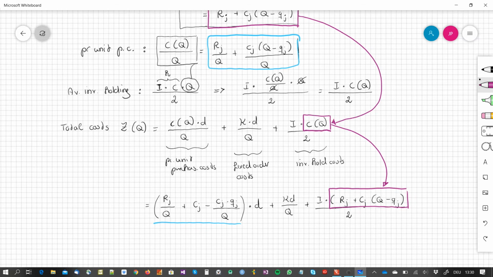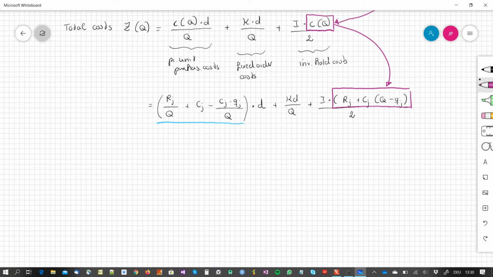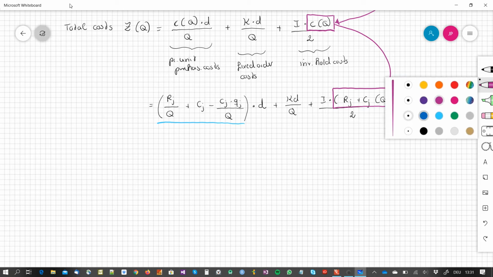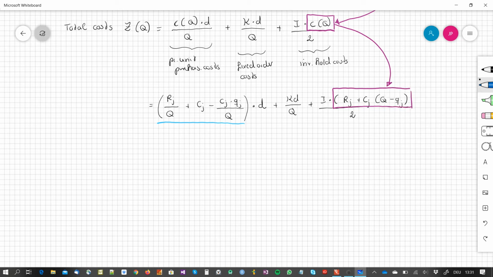You may realize that this formula doesn't look too easy, and what we will be doing to find the optimal reorder point is that we differentiate the total cost function, and then we set it to 0. So we differentiate for Q, and then we would set it to 0.